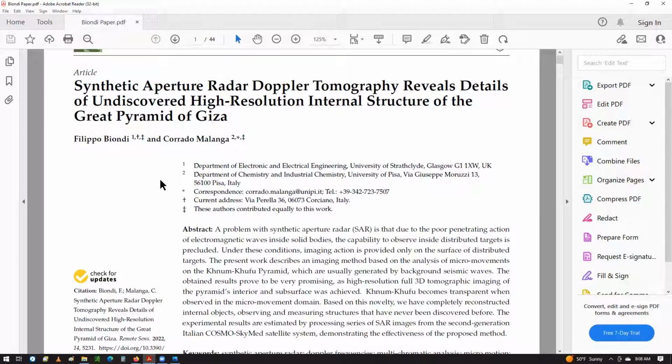In other words, was it architecturally designed, or are these spaces that have to do with the way that the pyramid was made? Maybe there's in some places more mortar than stone. So does it have to do with the materials that were used? Does it have to do with damage to the pyramid that happened from earthquakes?